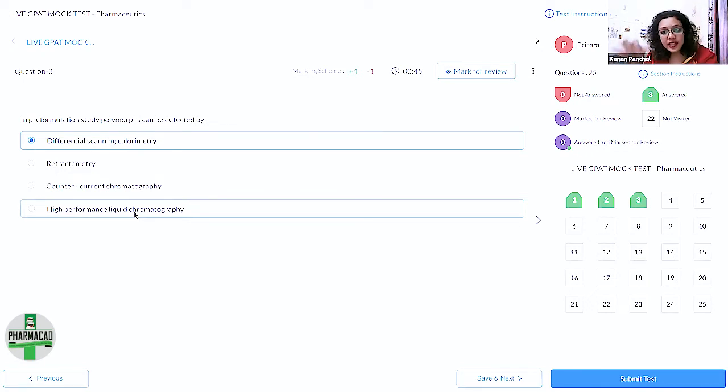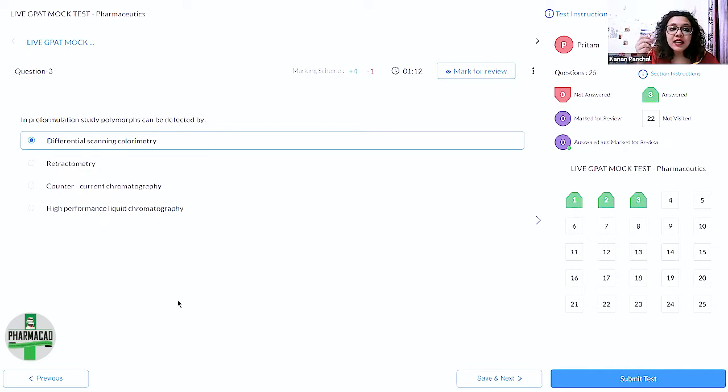But when you have two polymorphs which are structurally the same, with the same molecular formula, but there is a difference in arrangement, that will be detected by DSC. Why? Because DSC is going to tell you the melting point of the substance, and polymorphs will have a difference in their melting point.